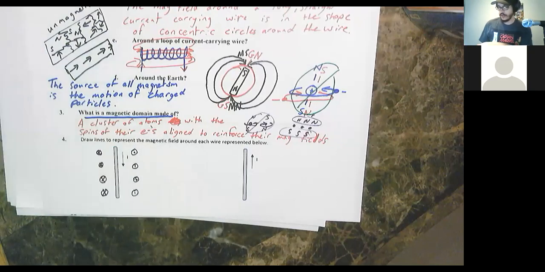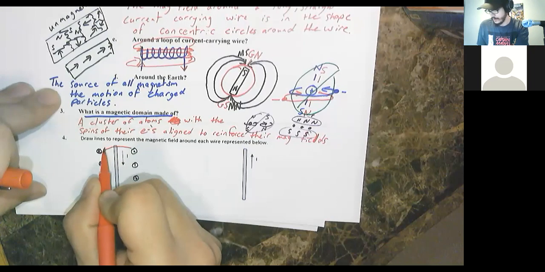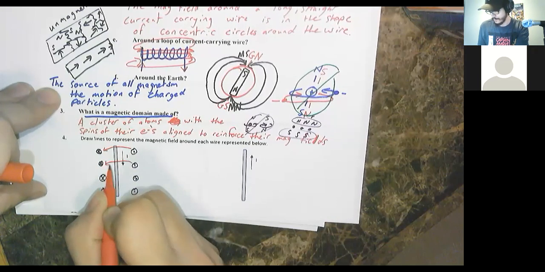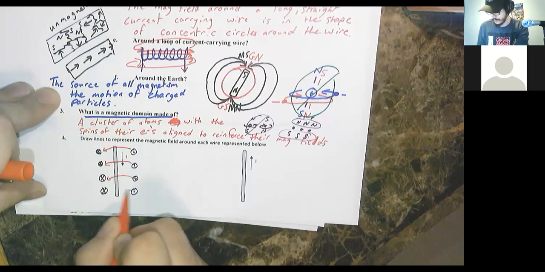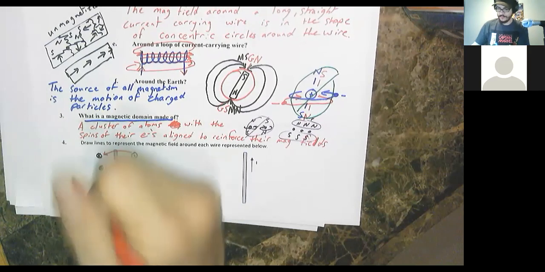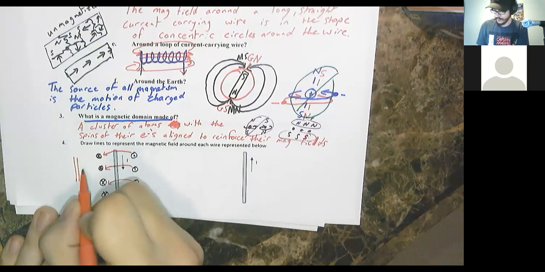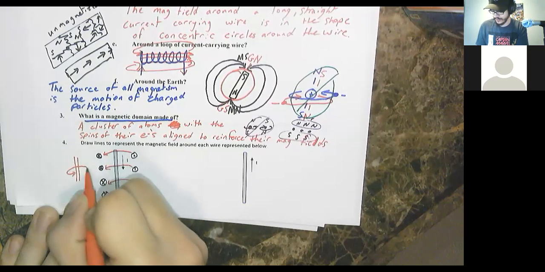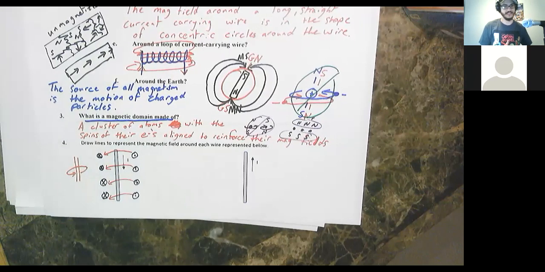So it's going to kind of loop over like this. If you drew it a bit more simply, I kind of wouldn't blame you. Like if you just drew it like that, that works too. I just wanted to make sure that before the test, you guys haven't forgotten the into and out of the page symbols. Those are important.